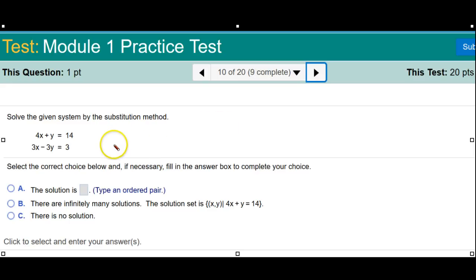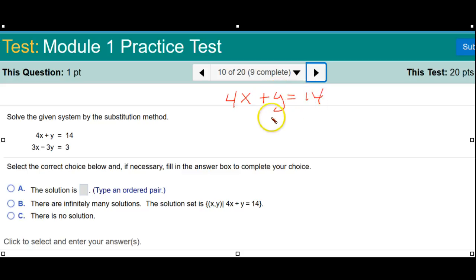Now, for this one, you have a system of equations, and you want to find the ordered pair where they would intersect. Well, they're saying use the substitution method. So the strategy would be 4x plus y equals 14.